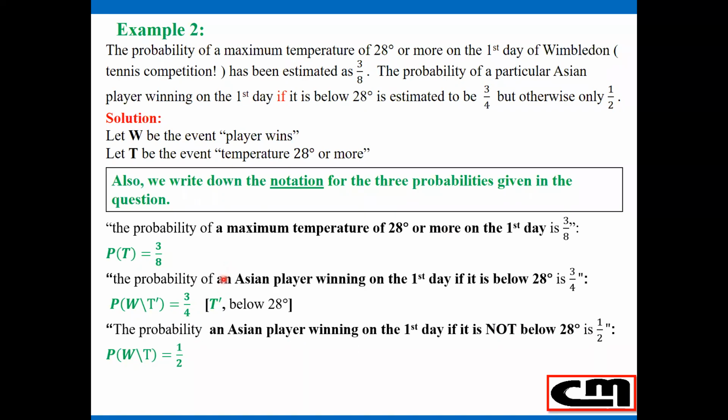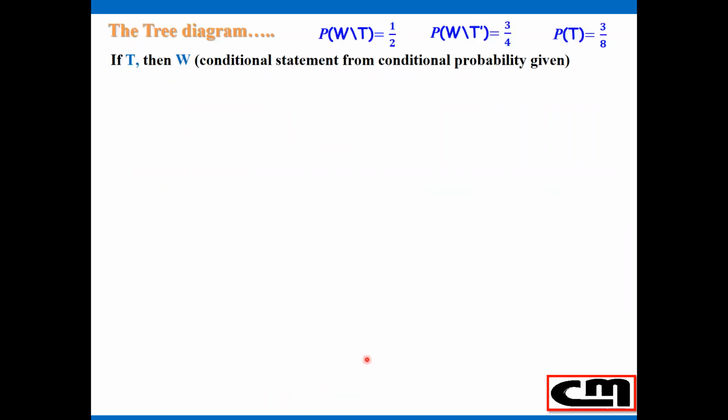So the next thing now is we can draw the tree diagram. The tree diagram, this is the given three probabilities. Then again, you need to identify the dependent and independent variable. From here, probability of W given that T has happened. So that means T is the independent variable. If T, then W. We cannot talk of W if T has not occurred.